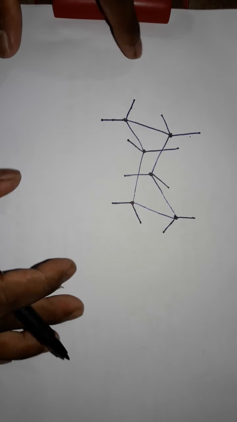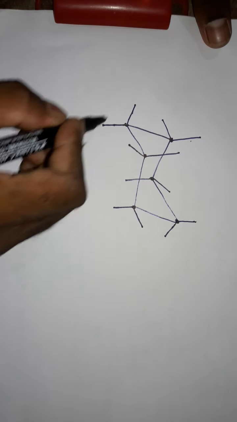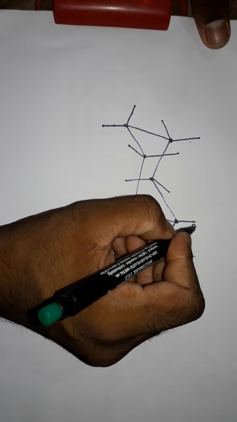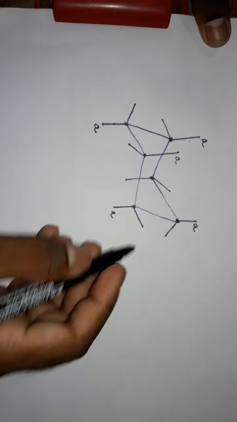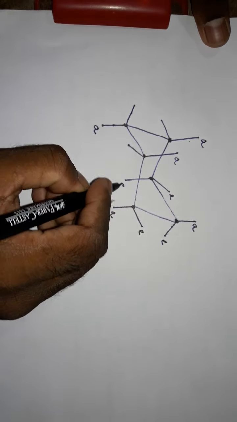So this is how we need to draw the cyclohexane conformer. This is axial, axial, axial, axial, axial. Now equatorial, equatorial, equatorial, equatorial, equatorial, equatorial.